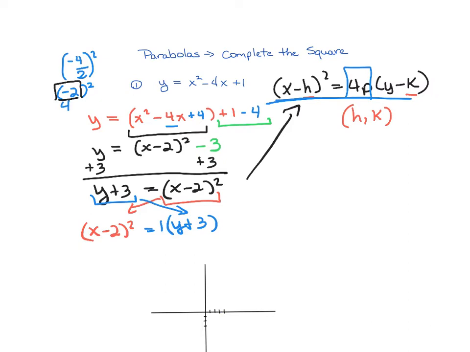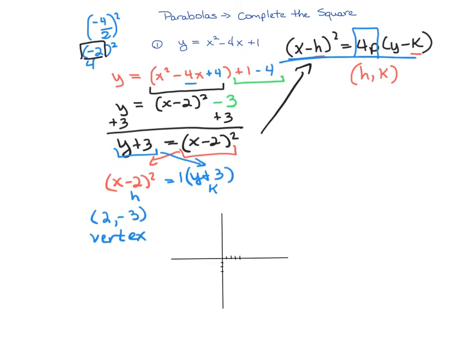Now that I've transformed this into the vertex form, I'm going to do the same thing that I taught you in Day 1. This has the vertex that is not at the origin. So again, remember, when you're dealing with x, this is your h, this is your k. So my vertex for this equation is going to be the ordered pair positive 2, negative 3.